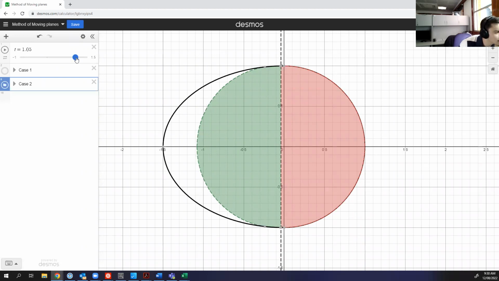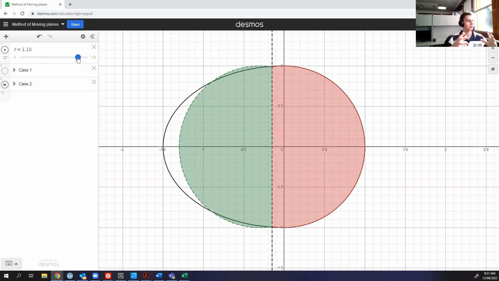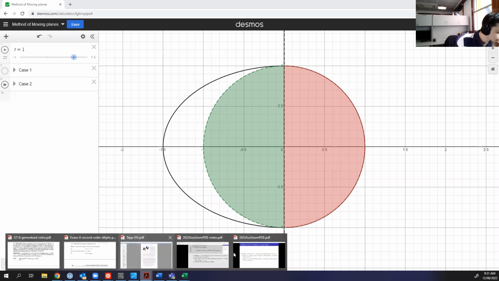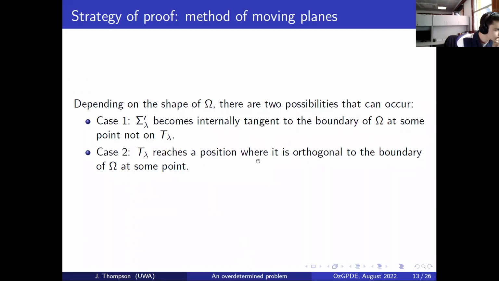So actually, as I keep pushing, my reflected region sort of pushes outwards. Okay, and so when we go through the method of moving planes, you need to consider these two cases separately.